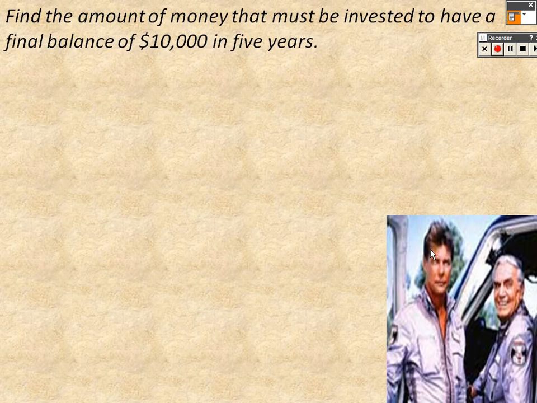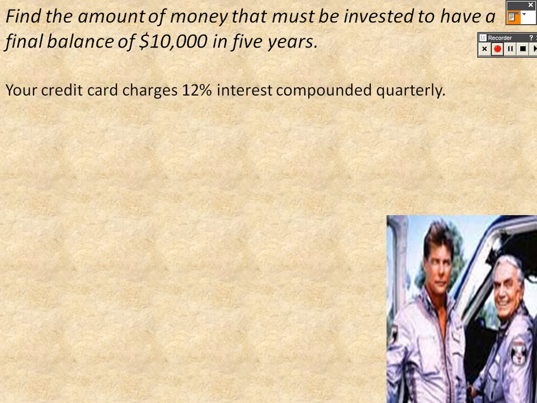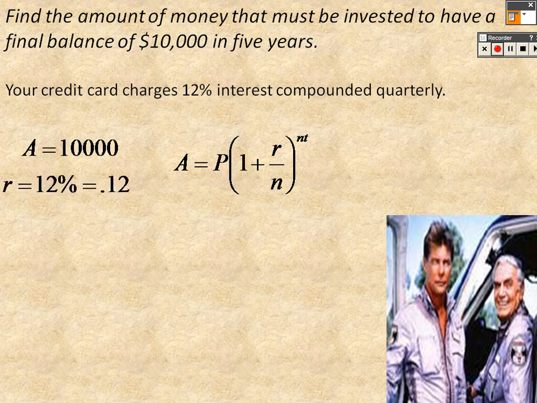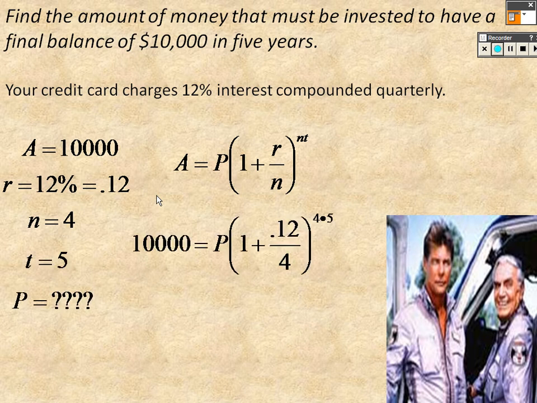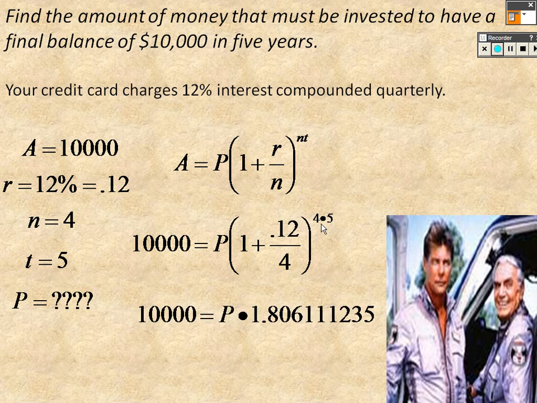Find the amount of money that must be invested to have a final balance of 10,000 in 5 years. Your credit card charges 12% interest quarterly. So I want 10,000 again, but I know now it's 12% interest, so it's 0.12. It's compounded quarterly, which is 4, and over 5 years. So same rule. I put it together on the calculator and take it to the 20th power.